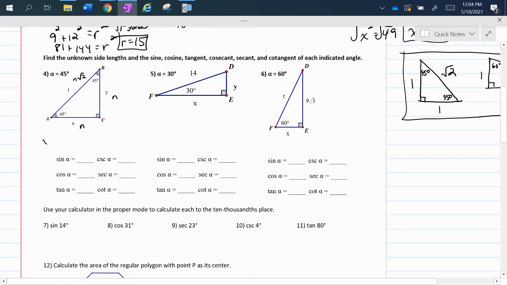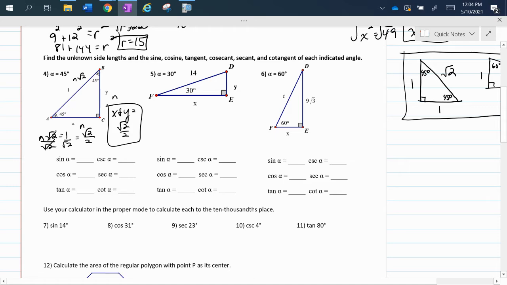So I can say that n square root of 2 is equal to 1 in this case, which means that n, which is our x and our y, is 1 over root 2, or root 2 over 2. So x and y are both root 2 over 2.